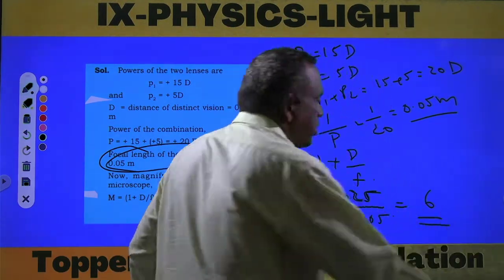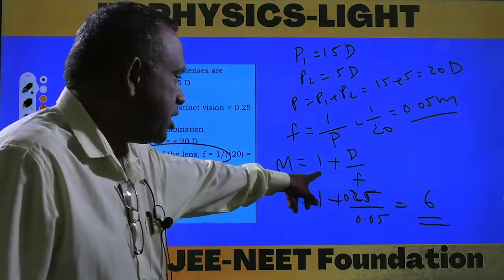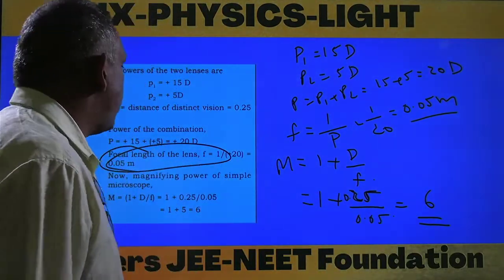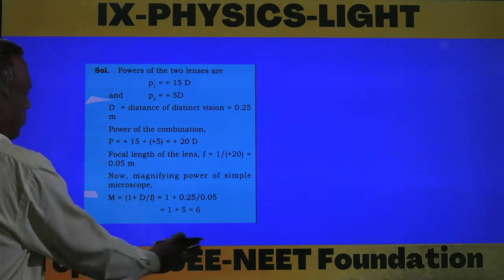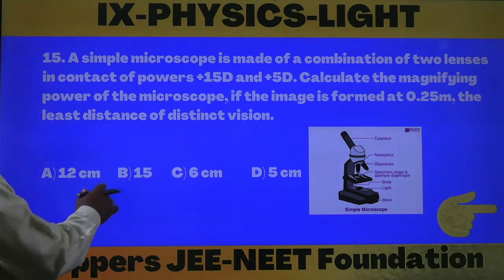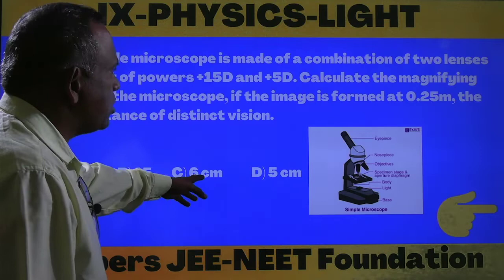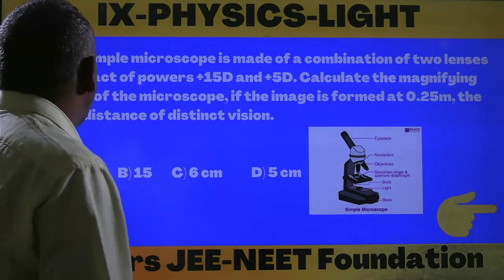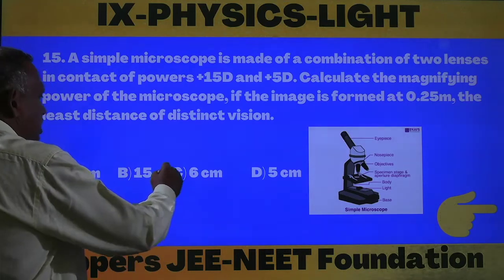The question is for magnifying power, not least distance of vision. The least distance of vision is 25 centimeters. If you take the options here, the magnifying power is not supposed to be in centimeters. Calculate the magnifying power. Centimeters are not supposed to be there. 6 is the answer.